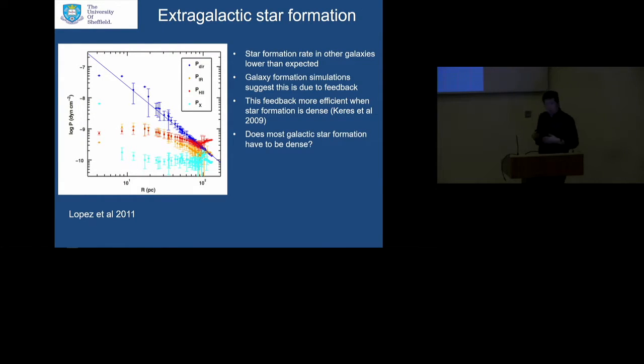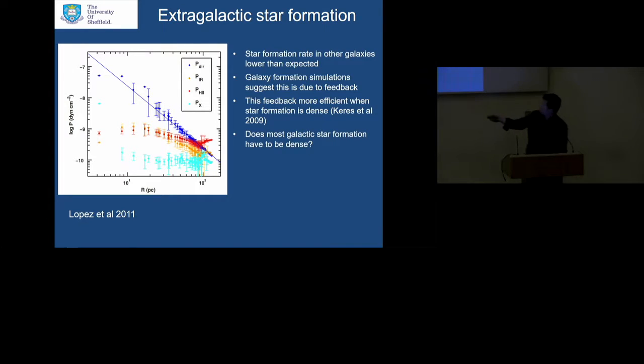Why is it important to figure out what the density that most stars form at is? Well, if you look at observations of galaxies other than the Milky Way, we know that the star formation rate in those galaxies is much lower than what we would naively expect if we were just to convert some of the gas into stars. The reason that's often cited for this low star formation rate is the presence of feedback in these star forming regions in these galaxies.